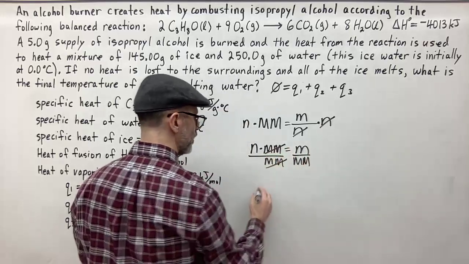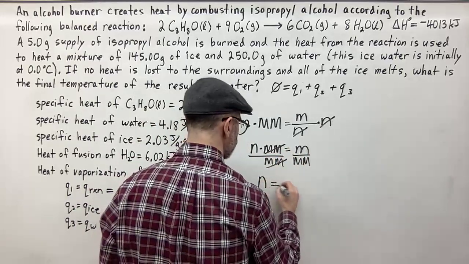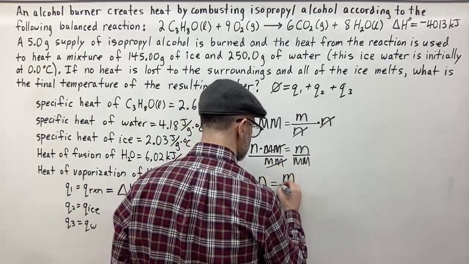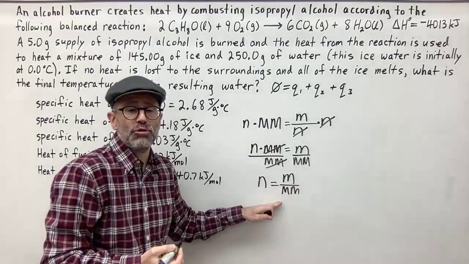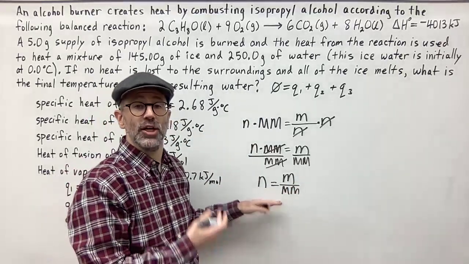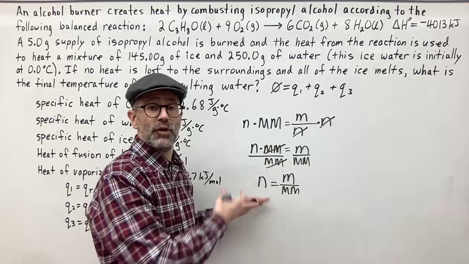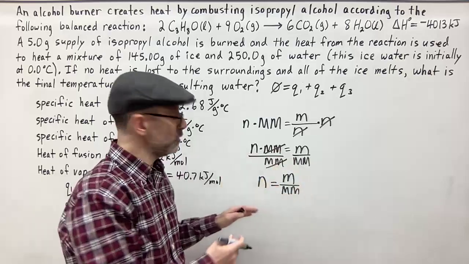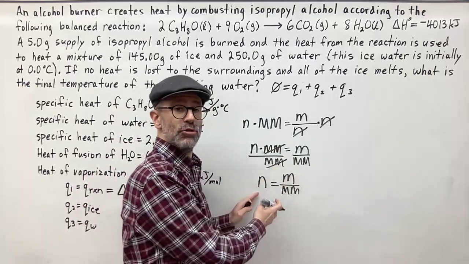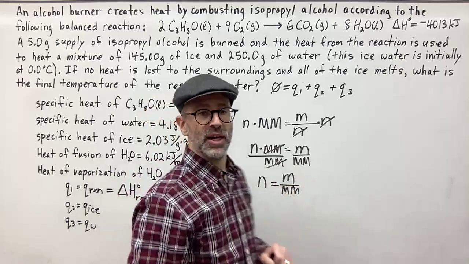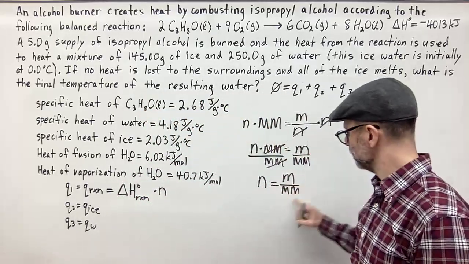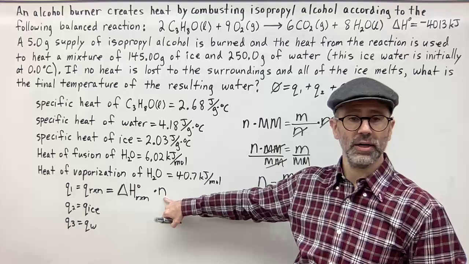Molar mass cancels out here, and I get the number of moles is equal to the mass divided by the molar mass, which is exactly what you do when you convert your mass to moles using a conversion factor. I'm just now using it as a way of substitution. So now I can take this and substitute in for that.